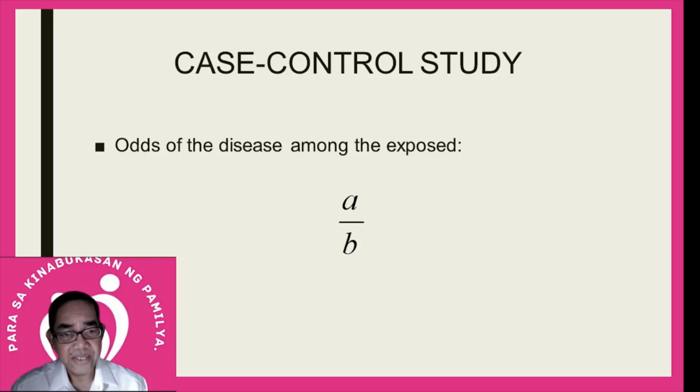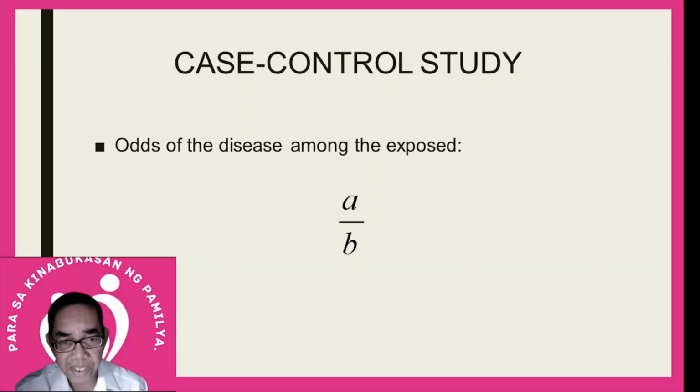Okay, now this is the formula for the odds of the disease. A are the people who have the disease, and B are the people who don't have the disease among the exposed.